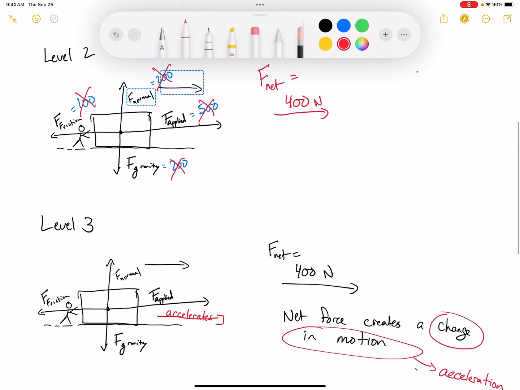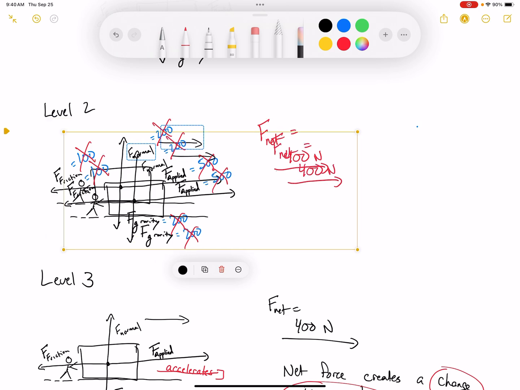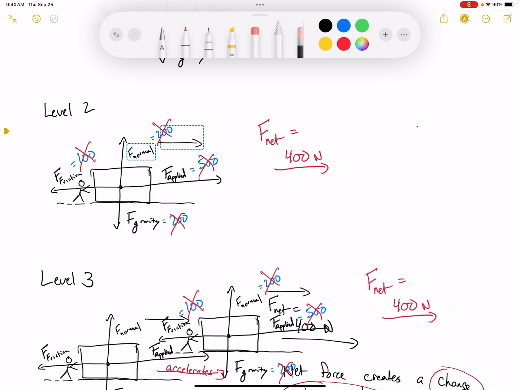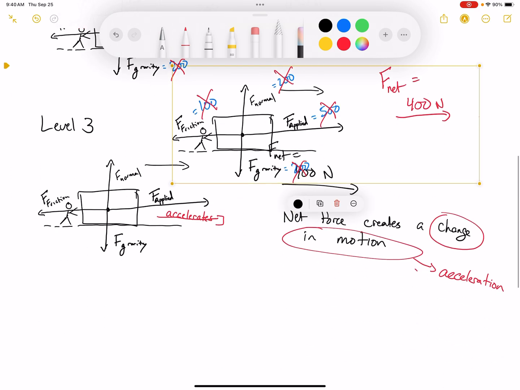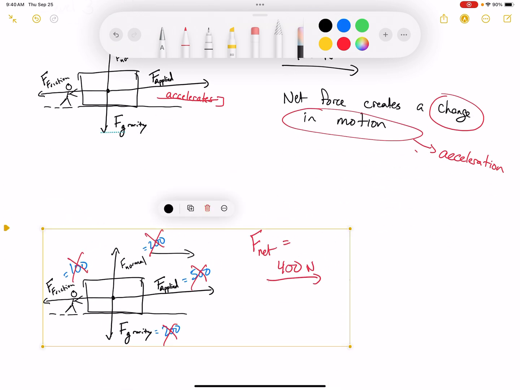Now the final solution, or our level 4, is going to take all of this and we're going to apply some math to it. So let me go ahead and copy this little thing right here, and let's work with our more advanced problem, and let's talk about what I'm expecting for a level 4.